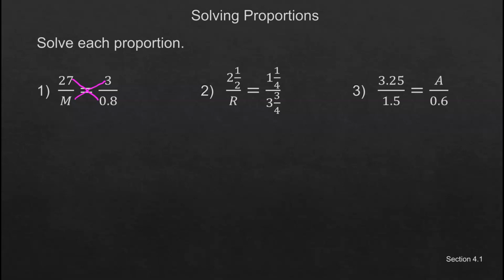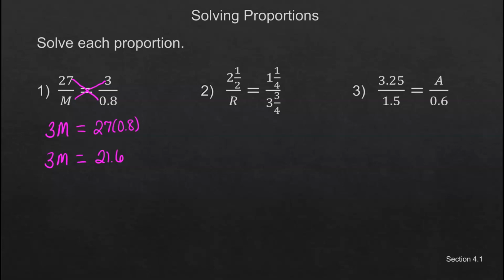Now a lot of times you might want to put the one with the variable here on the left, and then I take 27 times 0.8. I'm going to write that out just on this step. Normally we just go ahead and multiply that out. So that equals 21.6. And then we divide to solve.